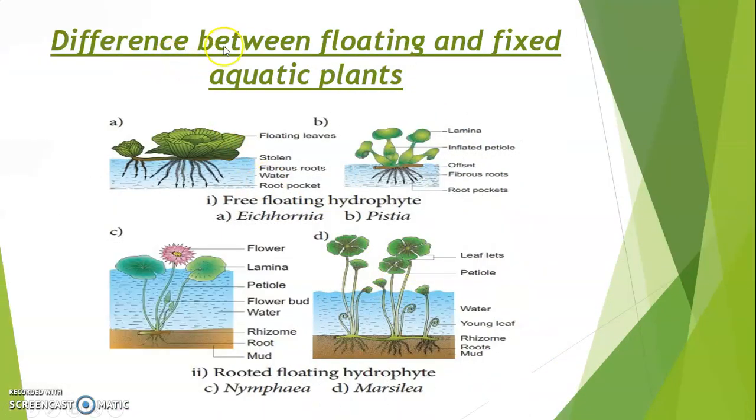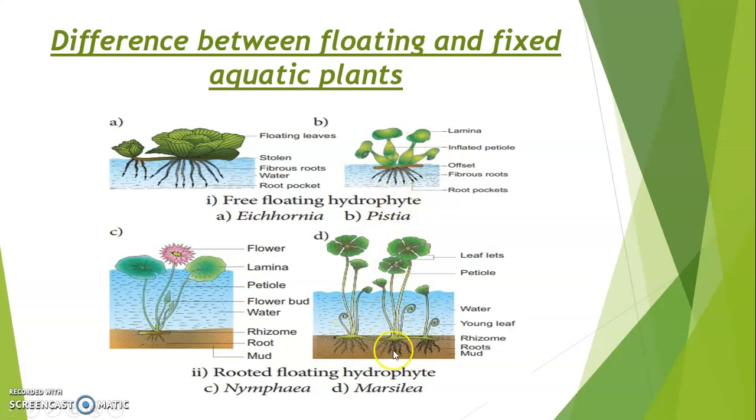Now let's see the difference between the floating and the fixed aquatic plants. The difference is very easy. See, these are the floating plants like pistia that we have seen. The roots are in the water only. Whereas with the fixed or the rooted hydrophytes, that means the fixed aquatic plants, the roots are inside the bed of the water body or attached to the soil.